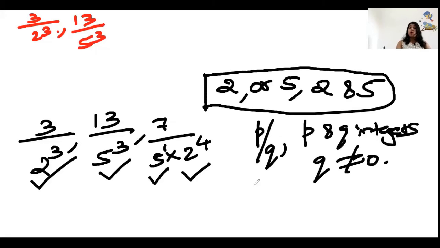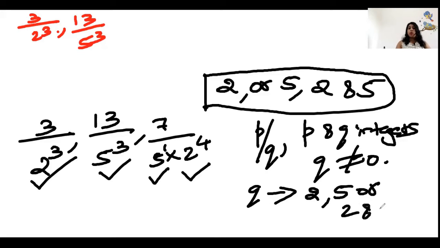And also one more condition we got here: q should be a product of the factors 2, 5, or 2 and 5 both. This is the case. So by seeing that only we can check and find the answer. By analyzing this we will understand.